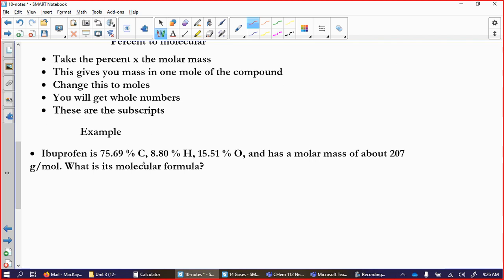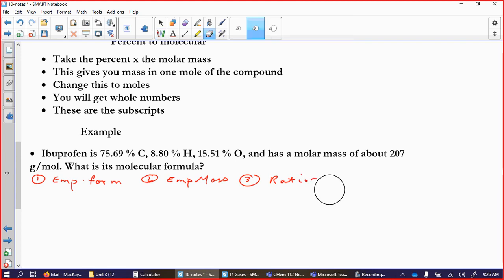So for a question like this, ibuprofen, find the empirical formula. Find the empirical mass. Find the ratio.